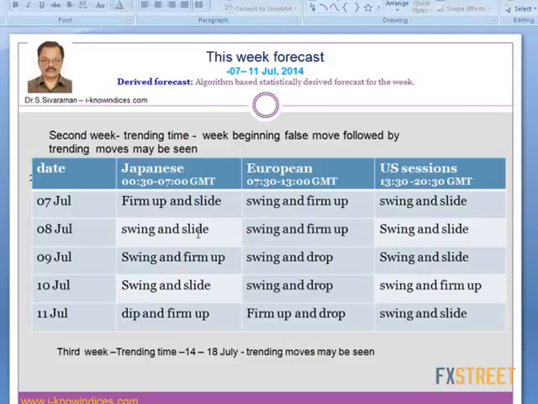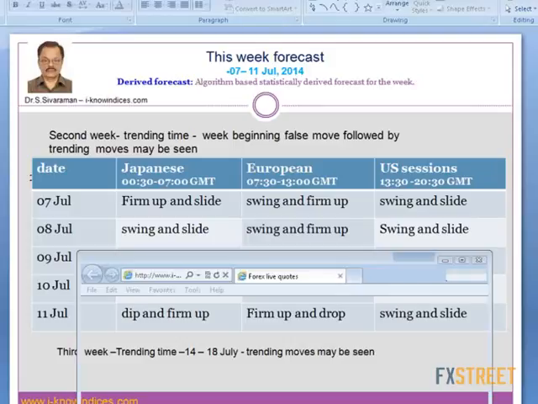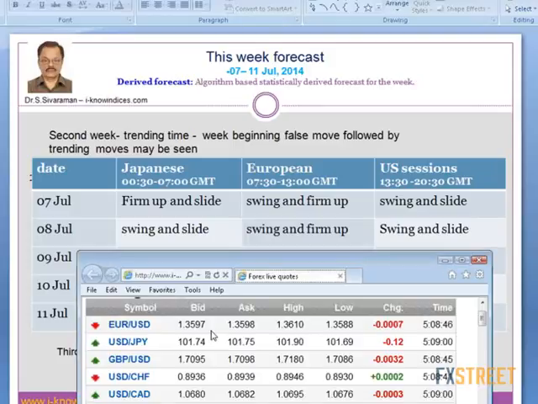And they are expected to make the swing and slide, then a small firm up, and then continue to slide. And in these firm ups, they are not participating. Instead, euro and Aussie are participating during this firming up. So if you look into the live market quote page, you'll be able to understand they are making a specific type of move this time.